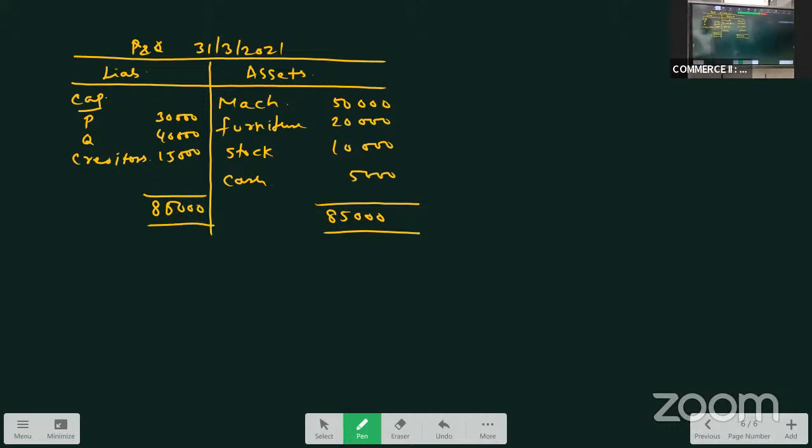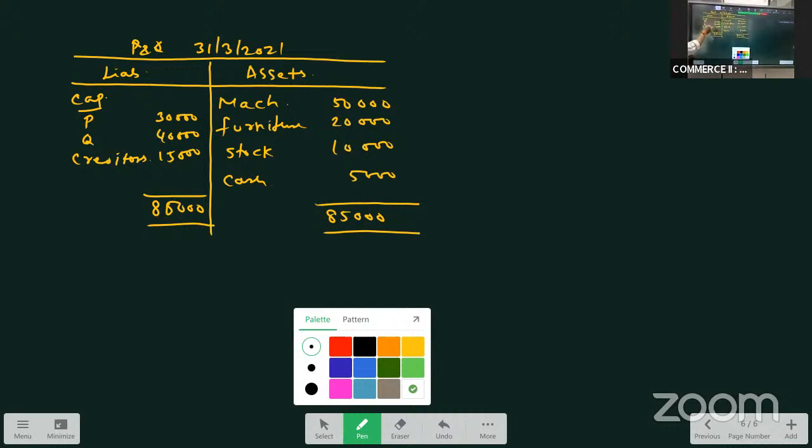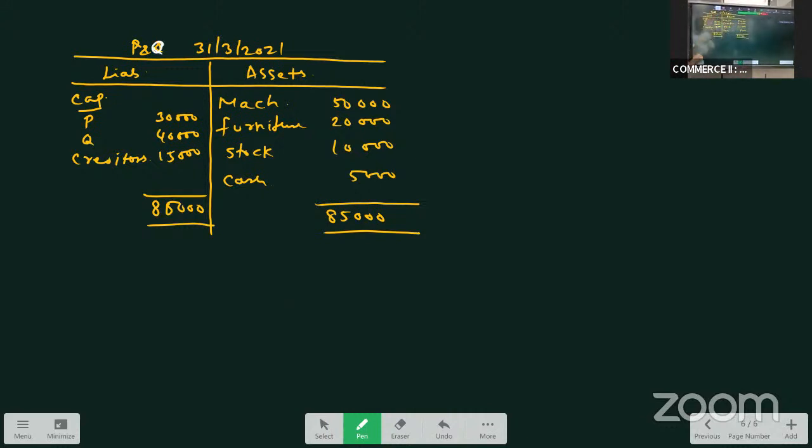As on 31st March 2021, the balance sheet of a firm where P and Q are partners is like this. And say on 5th of April, they have admitted R as a new partner.